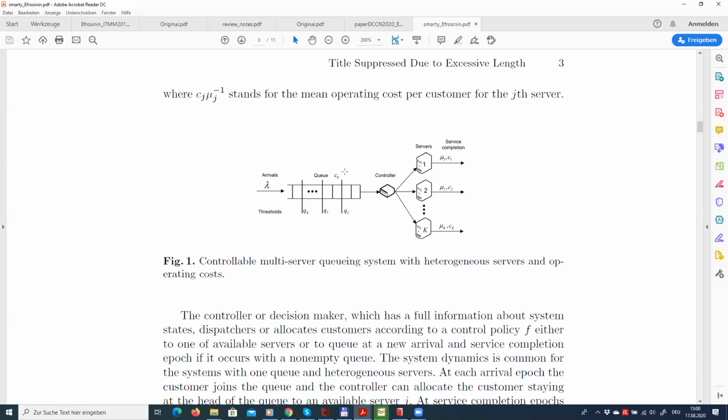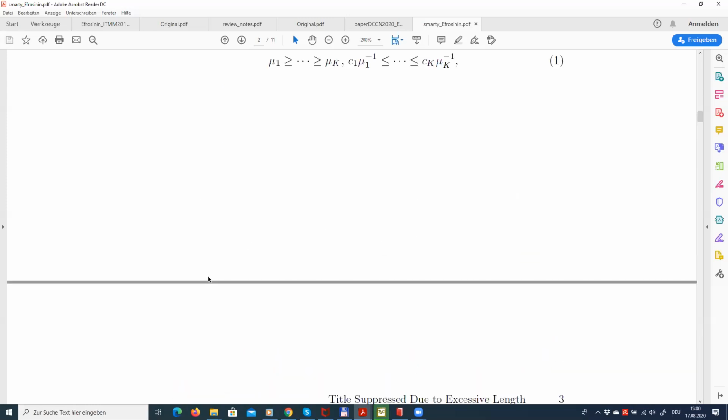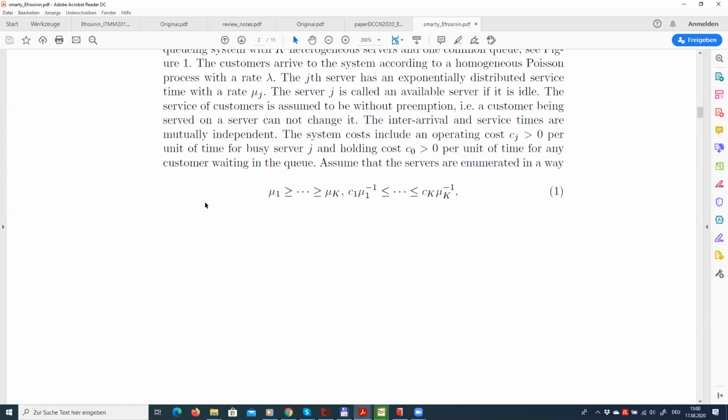We enumerate the servers in such a way that we have decreasing ordering for the service rates, and increasing ordering for these values. We call these values the mean operating cost per customer for the j-th server.